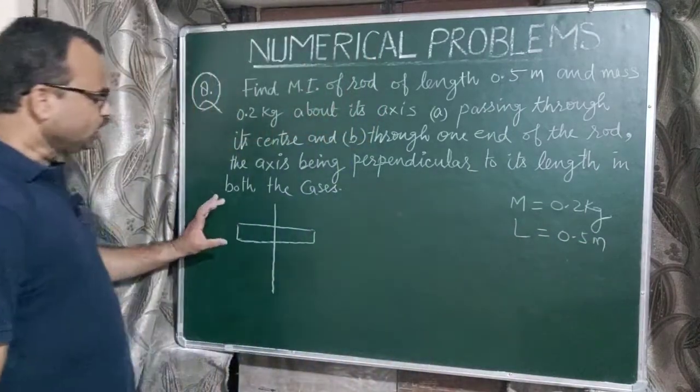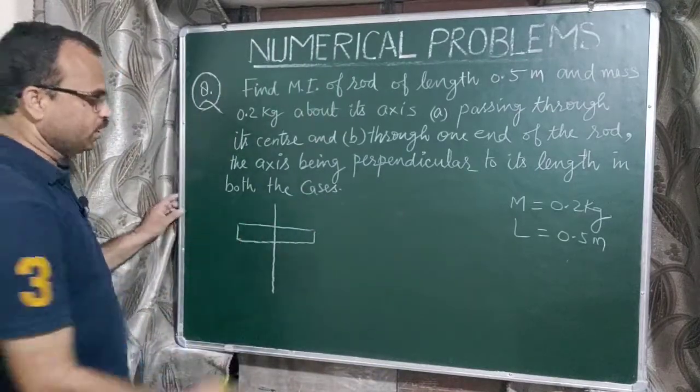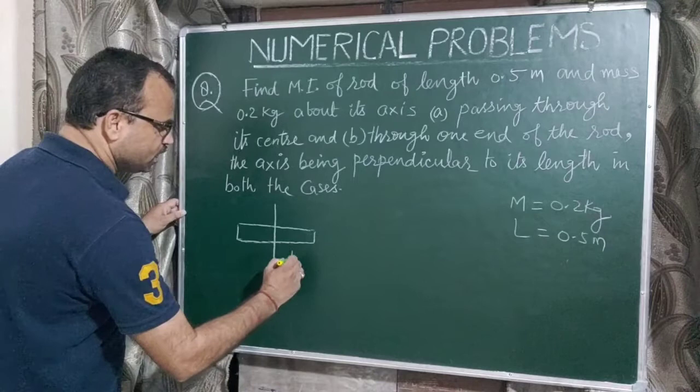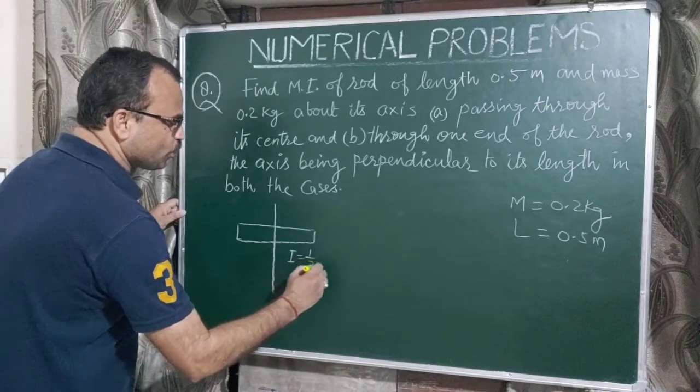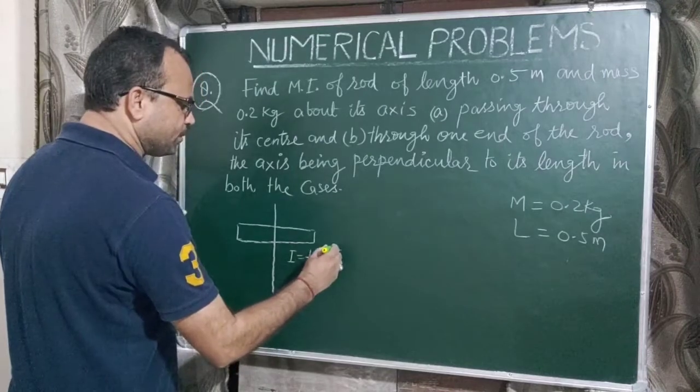Okay, so in this first case, when the axis passes through its middle point, then moment of inertia I equal to 1 upon 12 m l square. Now substitute the value of m and l.